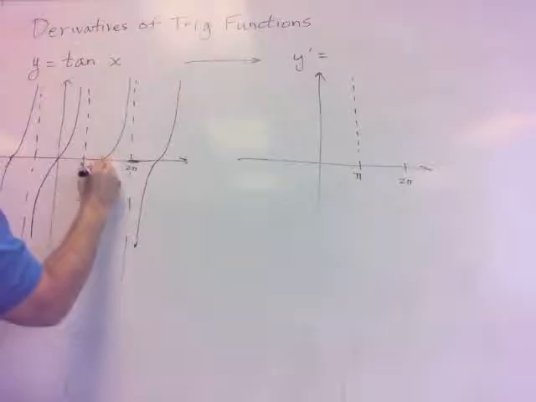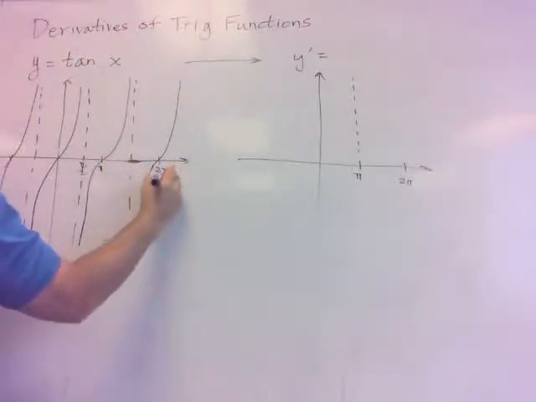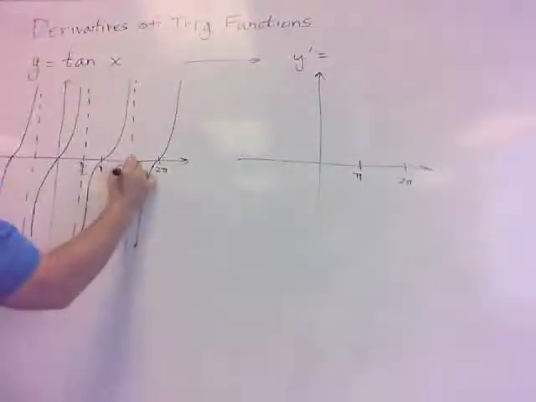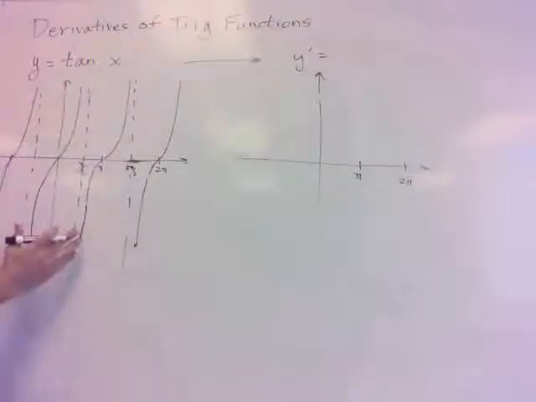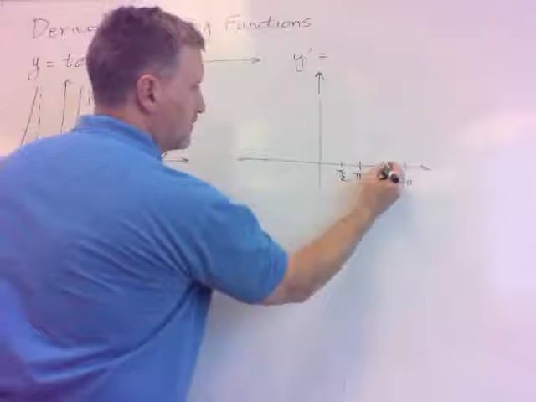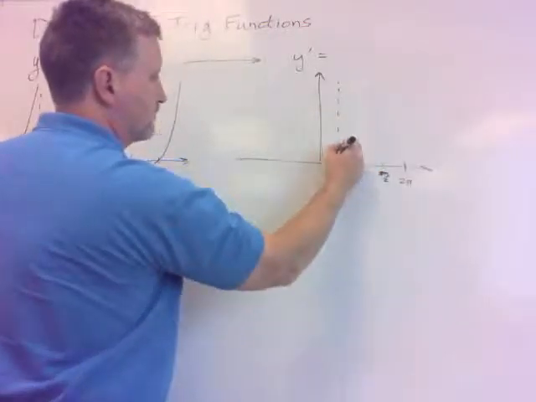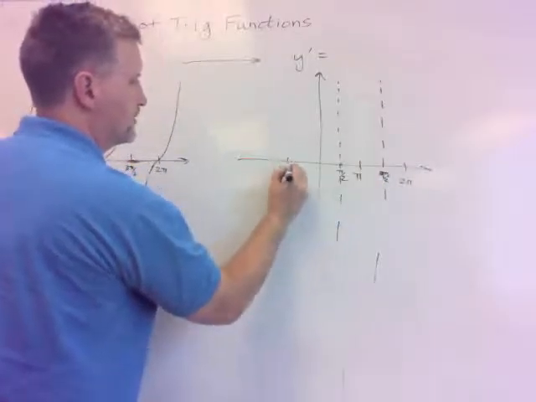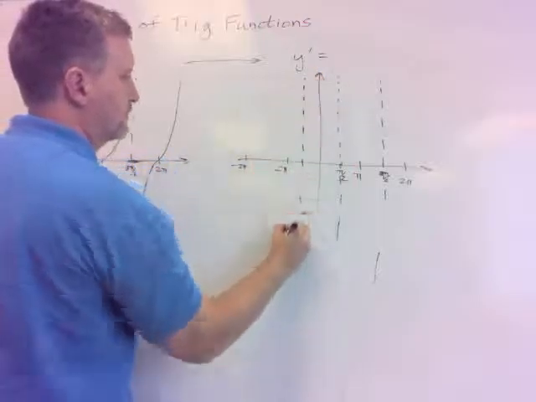These are at pi's. So at the pi over 2's, we've got a break in the graph, so you don't have a derivative either, so you do have these vertical dotted lines in there at the pi over 2's. Just put the pi's and those in the middle.